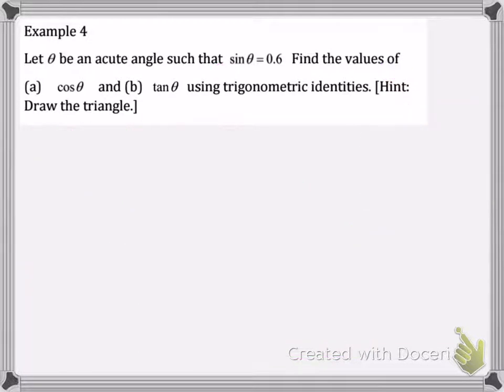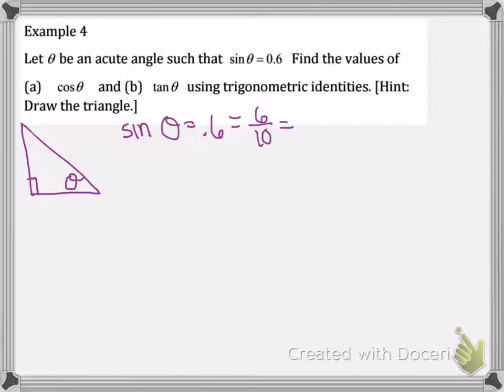Now we're going to do the same problem, but this time drawing the triangle. So what I can do is draw a simple right triangle, and put your theta in one of the acute angles. Now I know that the sine of theta is equal to 0.6, which is equal to 6/10, which is equal to 3/5.